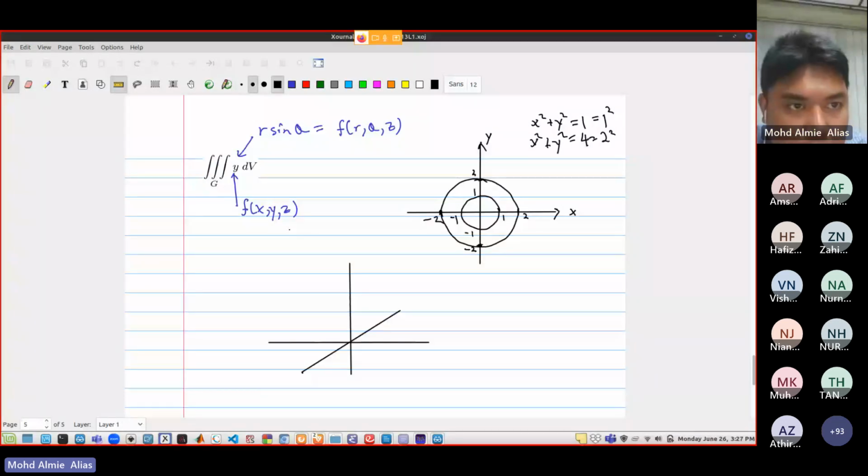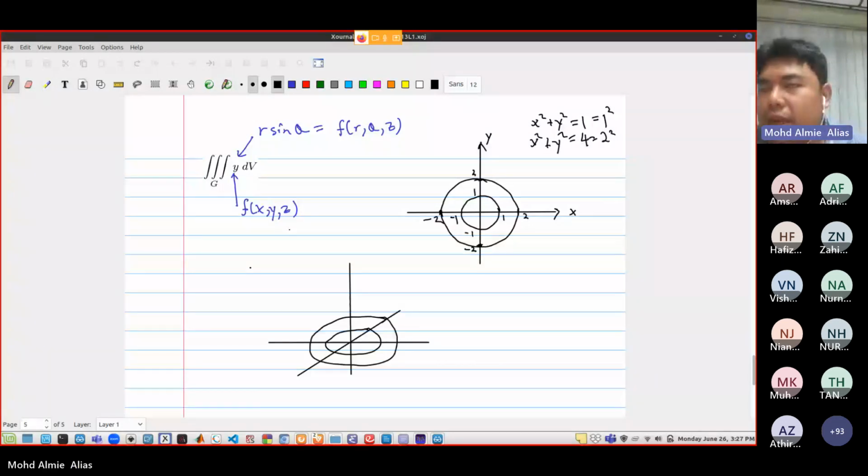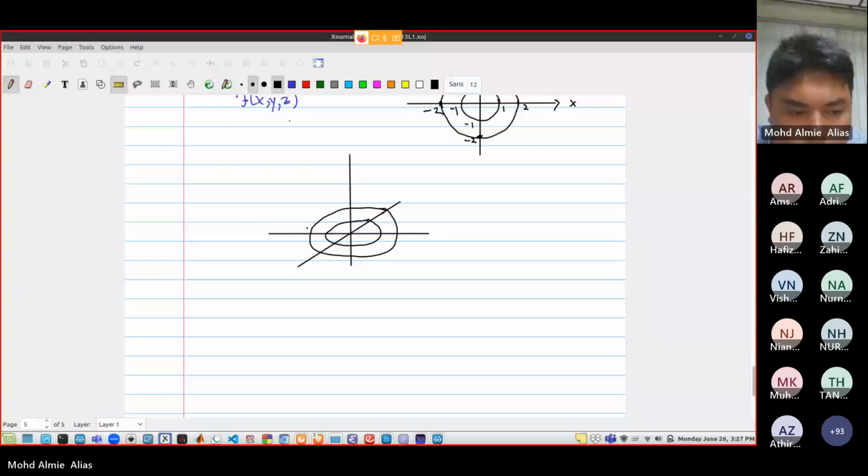Something like this, and this is 2, and because the cylinder is unbounded, you can have another one here, and here.